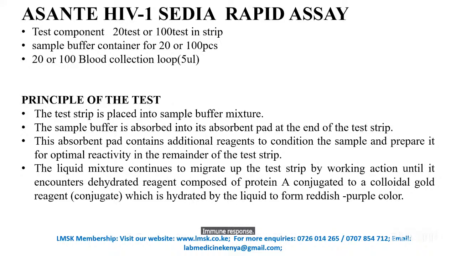Then there is the variable performance of the assay across the diversity of HIV subtypes, mainly the HIV-1 subtype B antigen. With that, the assay can have variable performance, whereby we can have a false recent positive test.